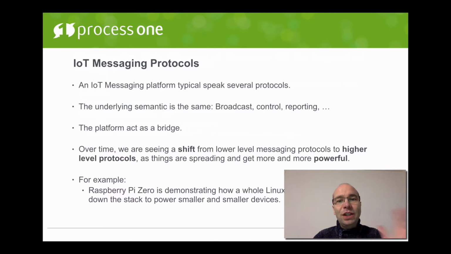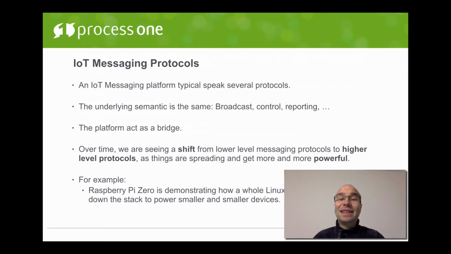What you need to know is that even if there are a lot of protocols available, the semantic is always the same. You can broadcast messages, you can send upstream data, you can send control messages to devices. So the underlying semantic is the same. It means that an IoT messaging platform will typically speak several protocols and bridge and convert between them.